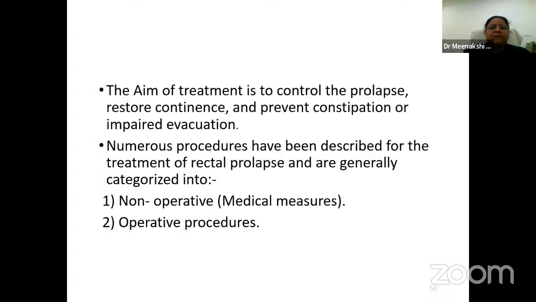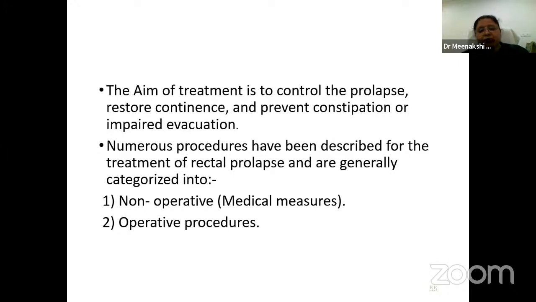Now, a very, very important aspect of this rectal prolapse, after knowing what can be the associated other abnormalities along with the rectal prolapse, is how we should go ahead with the management or treatment of such patients. Now, the main aim of treatment of this rectal prolapse is to control the prolapse. Then the second important aim is to restore the continence.